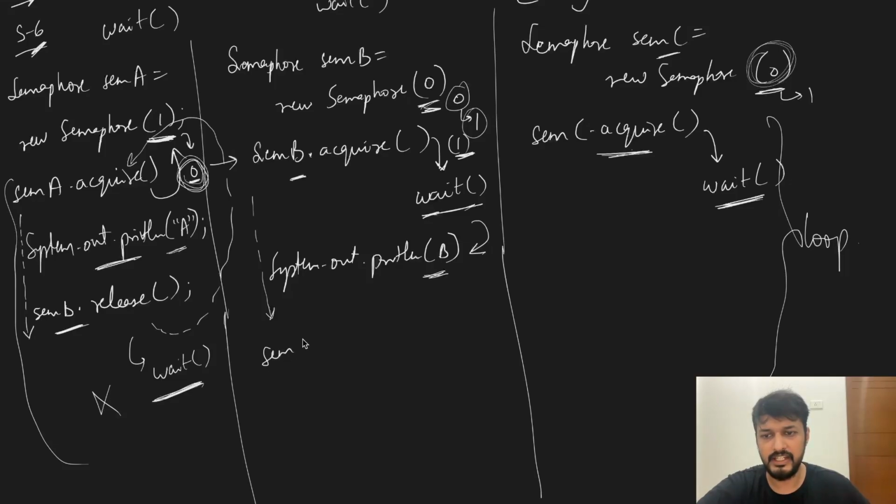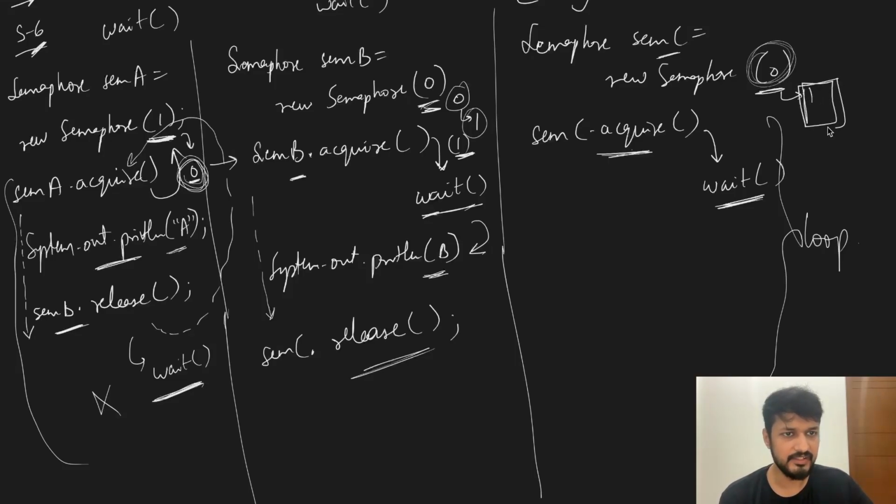So we'll write semaphore C dot release, right? As soon as we write semaphore C dot release, the permit value of semaphore C increases from 0 to 1. As soon as the permit value increases from 0 to 1, semaphore C dot acquire is a valid statement.